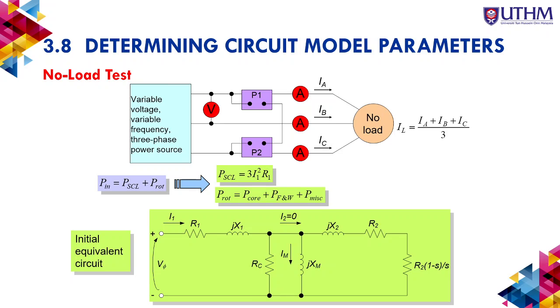So all of P converted is equivalent to the mechanical losses. And the slip of the motor right now is very small, nearly zero.